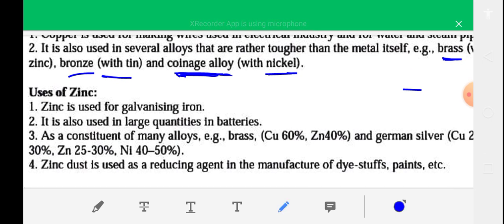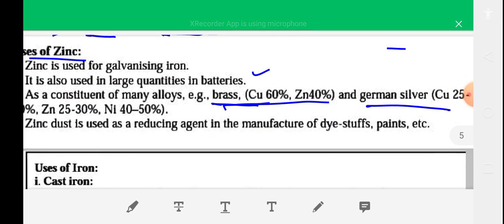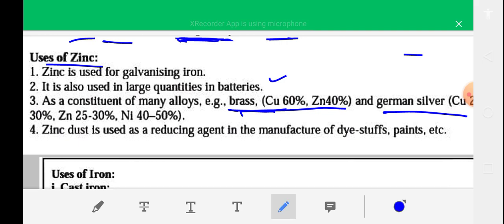Okay, zinc is used for galvanization of iron, and it is also used in large quantity in batteries, and many alloys you can make using zinc, like brass, which contains 60% copper and 40% zinc, like German silver, which contains 25 to 30% copper, 25 to 30% zinc, and nickel 40 to 50%.